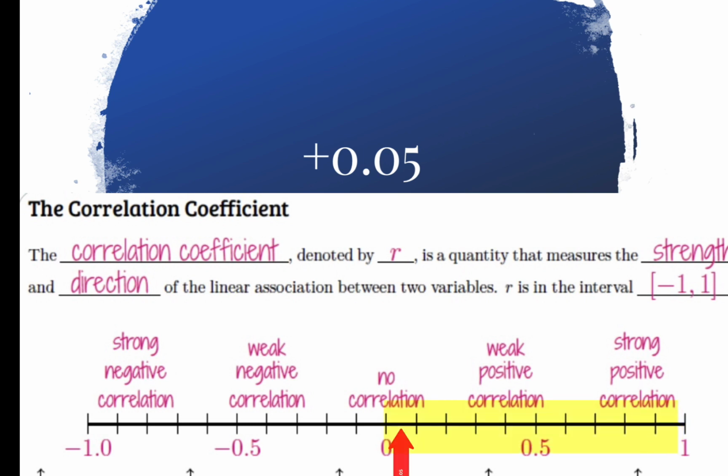What could be an example? Well, maybe you want to convince your parents that your grades are not dropping because you're playing video games, right? They think the more you play video games, the less you're doing well on your tests. Your test grades are falling.